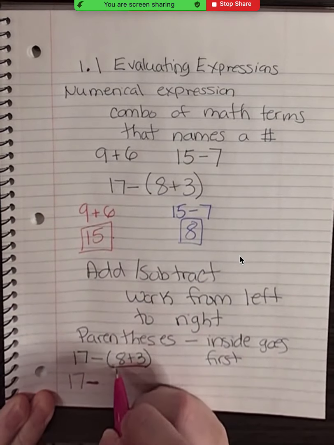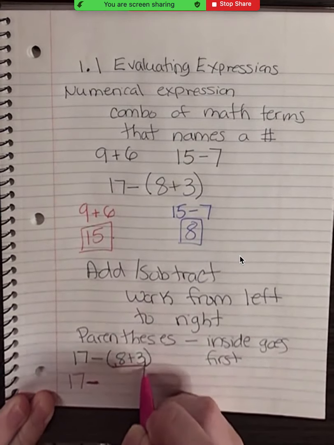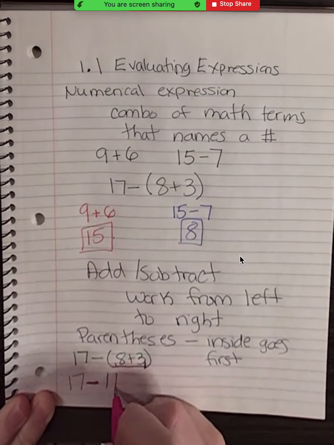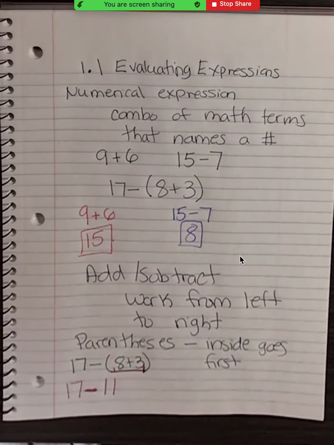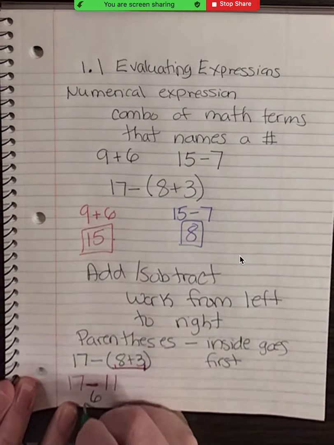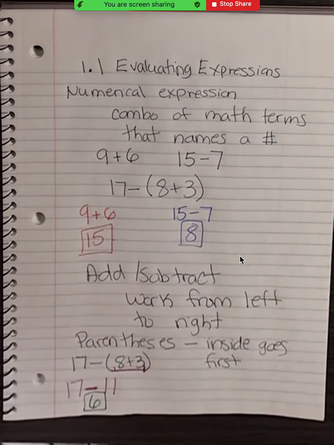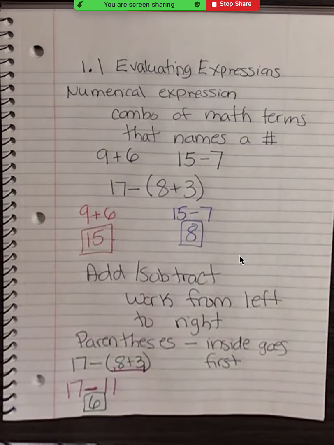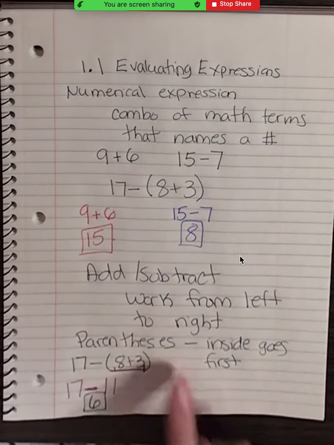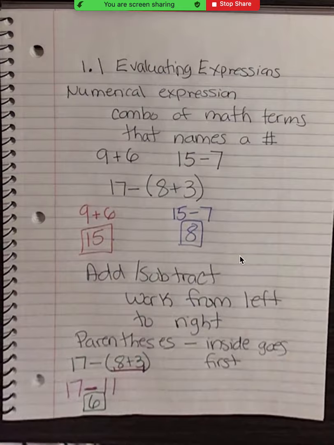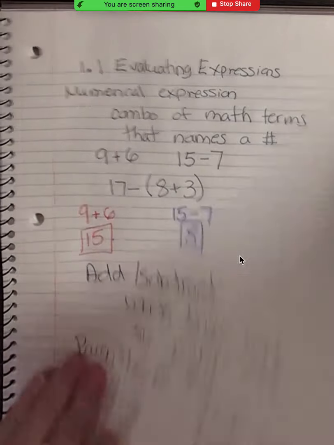Well, what is 8 plus 3? 8 plus 3 is 11. So we're going to do 17 minus 11, and then that's going to give us 6. So we evaluated that expression, did our parentheses first, then the subtraction. Okay? All right.